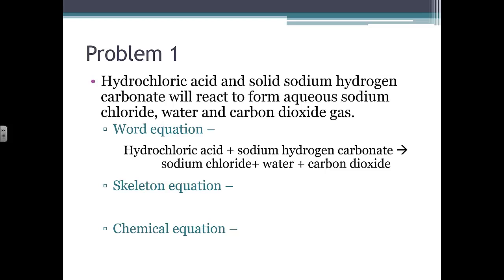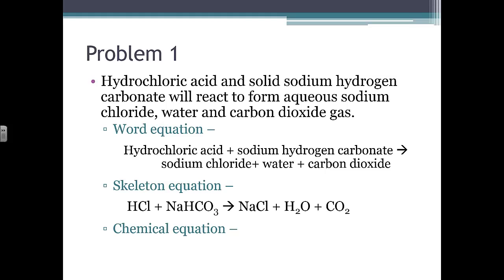Sodium chloride, that's a +1 sodium ion and a -1 chloride ion, so it has the formula of just NaCl because that will allow the charges to balance out. Water we know is H2O and carbon dioxide is CO2. So our skeleton equation would look like this.